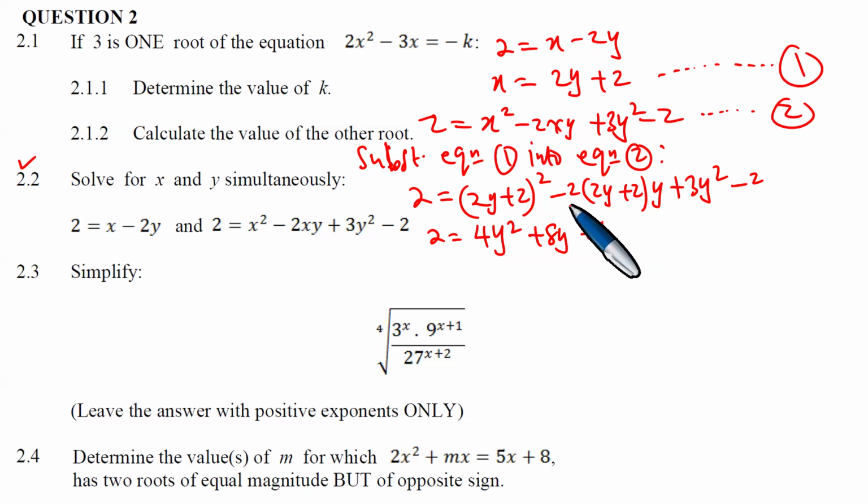Okay, here if you distribute by opening up the brackets, what do you get? You have minus 2 times 2y, which is minus 4y, times y, which is minus 4y squared.